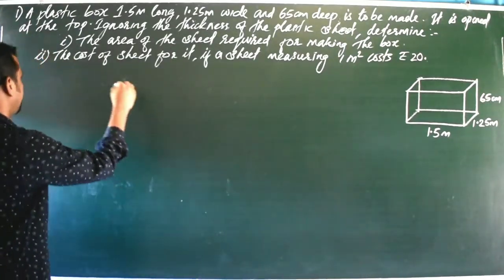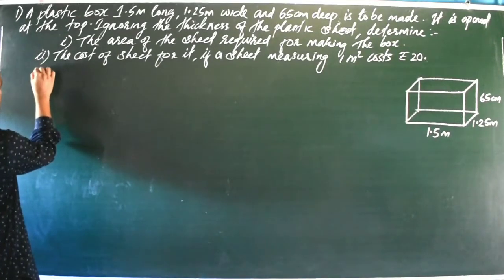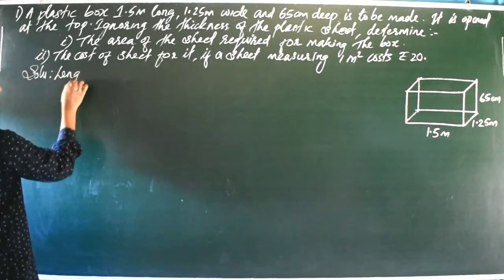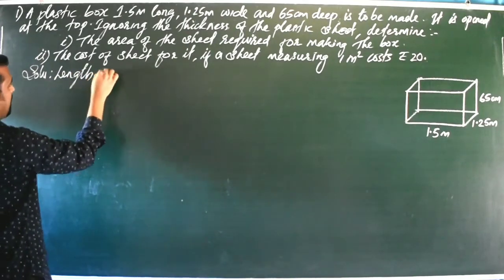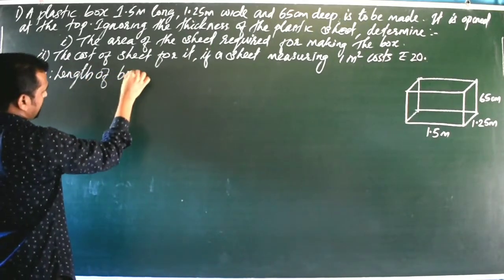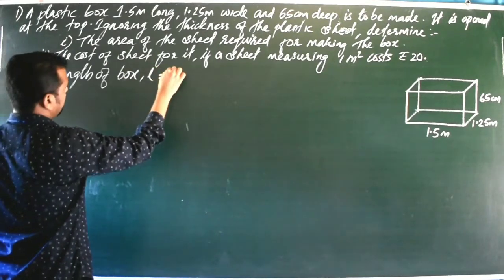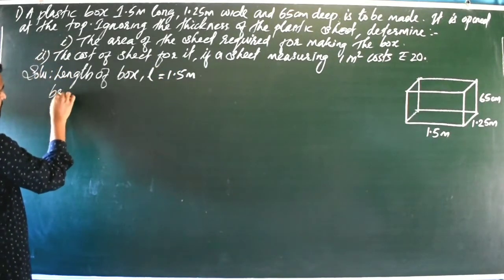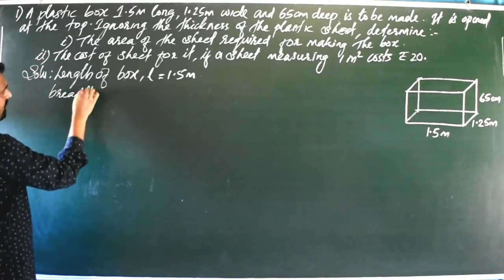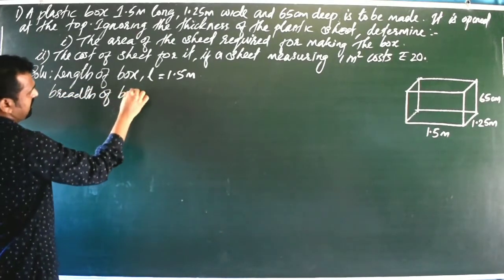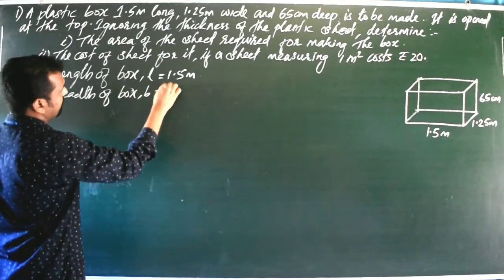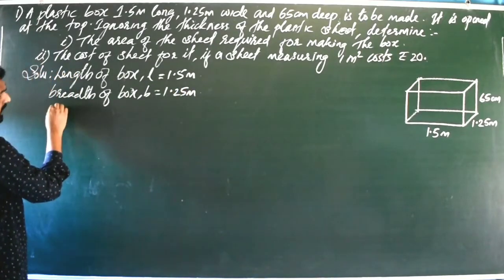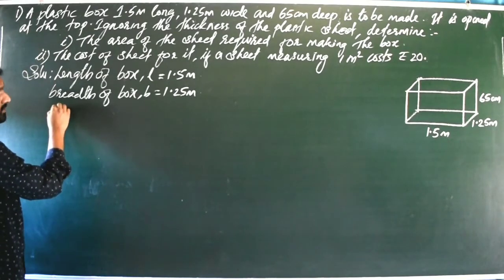Now first we have to write the given values here. Length of box we can write as small letter L. L is equal to 1.5 meter. Breadth of box B is equal to 1.25 meter, and depth of the box, 65 centimeter deep.